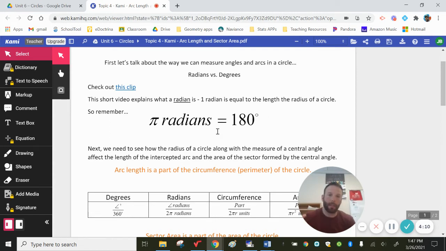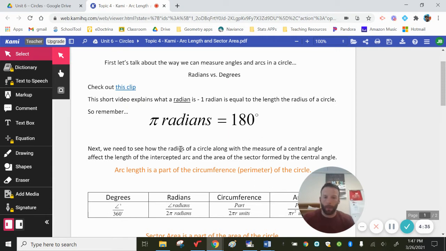Okay, so that's the difference between measuring a rotation in degrees versus radians. Next, we're going to look at how the radius of a circle, along with the measure of a central angle. Now remember, what's a central angle? That's an angle where the vertex of that angle is exactly at the center of a circle.